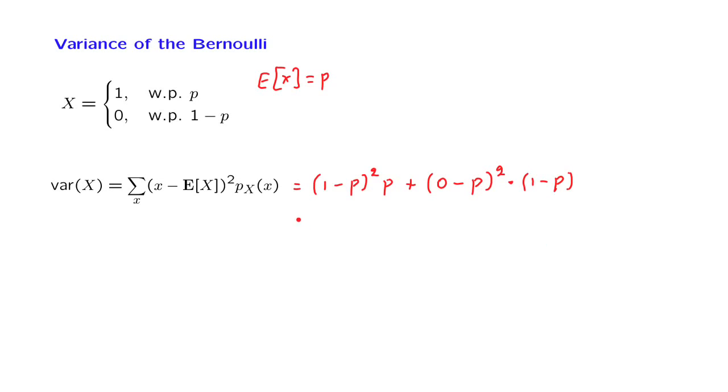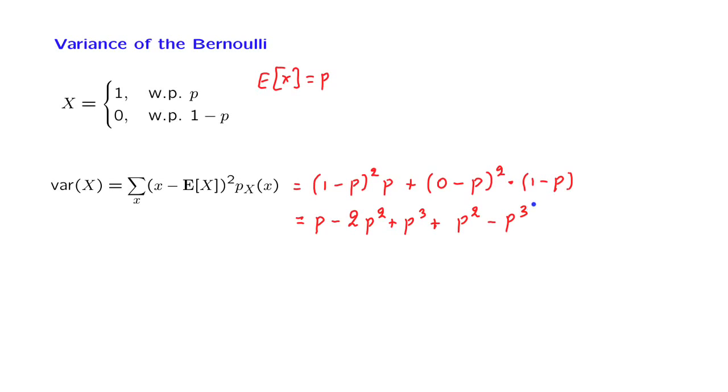And now we carry out some algebra. We expand the square, 1 minus 2p plus p squared, and after we multiply with this factor of p, we obtain p minus 2p squared plus p to the third power. And then from here we have a factor of p squared times 1 minus p, that gives us a minus p cubed.